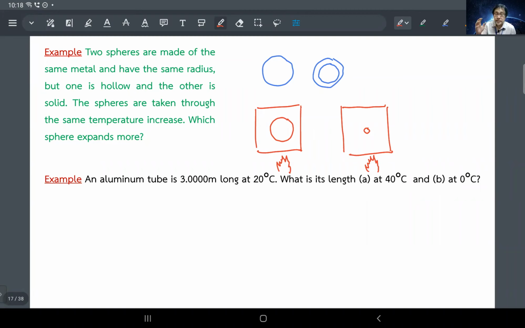So don't forget the key feature that we talked about last time: everything is coming from the microscopic level. So think of it this way. The thermal expansion is due to the movement of the molecules, and then eventually they try to separate from each other because the movement is just getting greater. So when you have a greater movement, it's going to try to push the environment around. So everything just sort of expands outward. So think of it in the microscopic world.